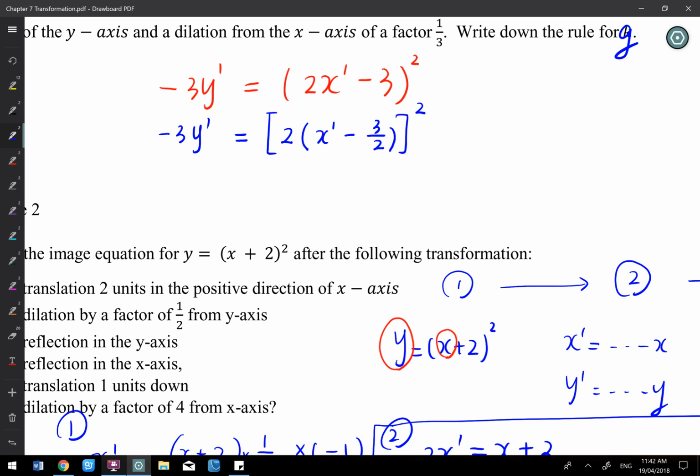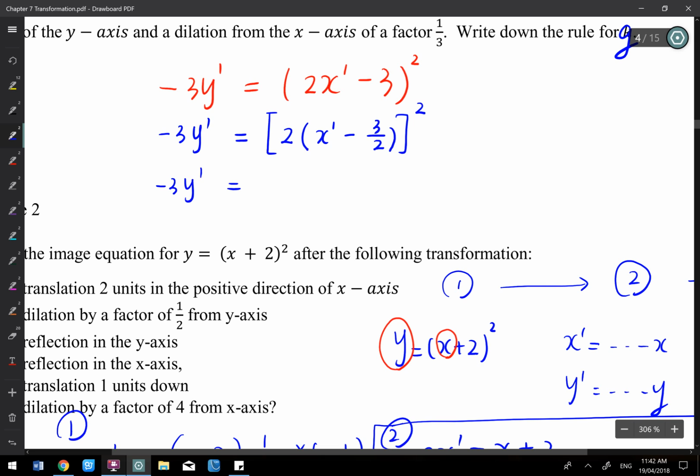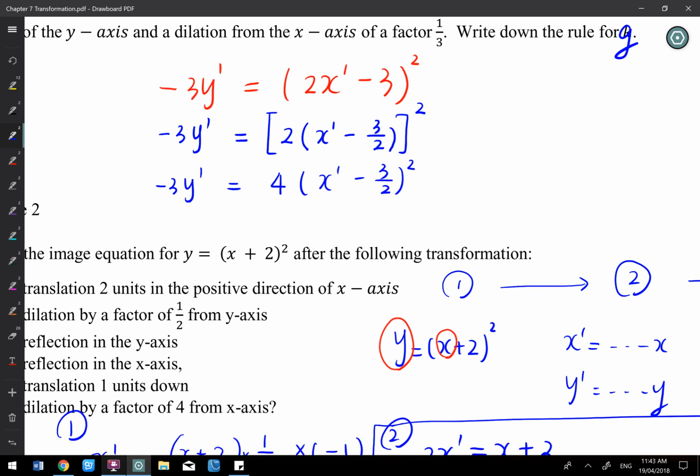And the next thing is we will square both things. So 4 times (x dash minus 3 over 2) squared. The 2 actually will become a 4 by exponent rule. So it's 2 times (x dash minus 3 over 2), whole thing squared. 2 will be squared, the bracket will be squared.